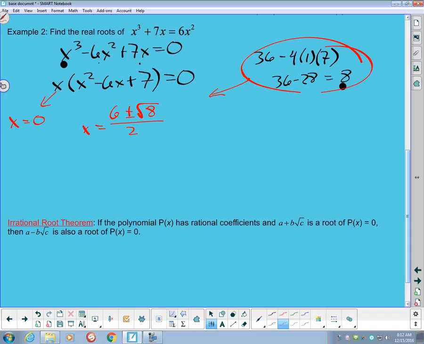2 times 1. And so a little bit of simplifying here, and we're going to get 6 plus or minus 2 root 2 over 2, which we could factor a 2 out of the numerator there and get 2 times 3 plus or minus root 2 all over 2. And this 2 divided by 2 is just 1.